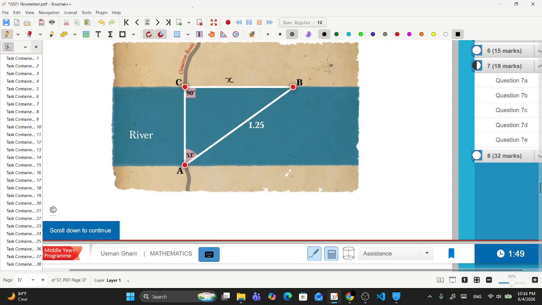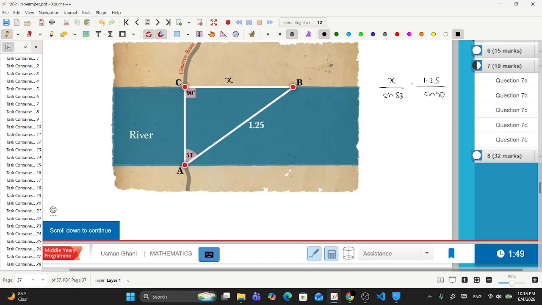This one. So I can say sine of x. No, no, sorry, not the angle. X over sine of 53 equals 1.25 over sine of 90. I think sine of 90 is 1. So wait a second, let me put the value on the calculator.